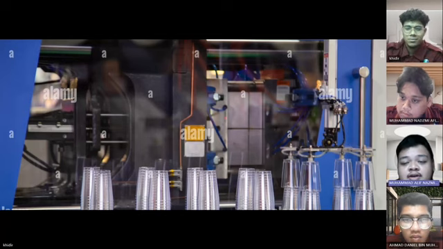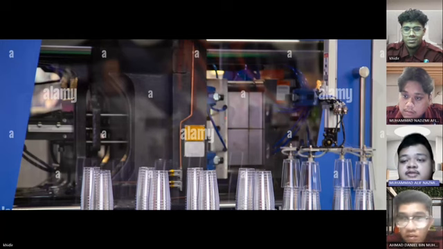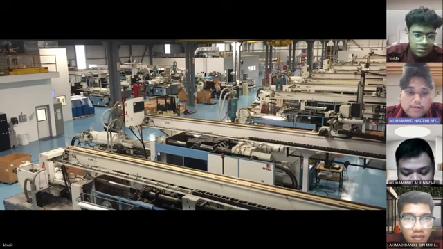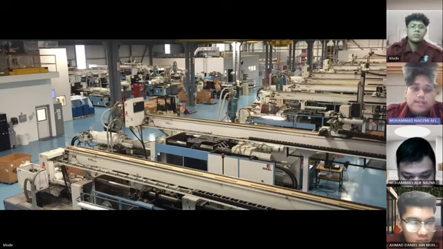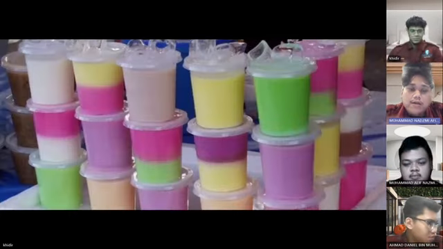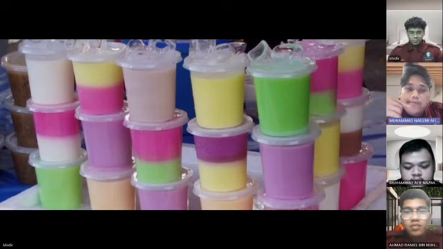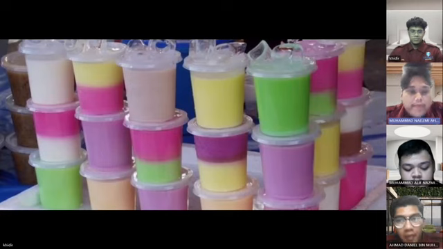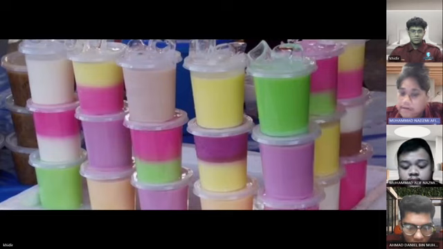And Nazmi, do you know the advantages and disadvantages of using injection molding? Yeah, I know there are several pros and cons in this injection molding. The pros are the high production rates, the fast, efficient production of large quantities. Next, versatility. The versatility of injection molding makes it ideal for mass production of many different types of components from plastic or metal.